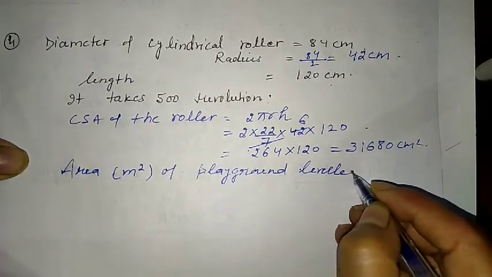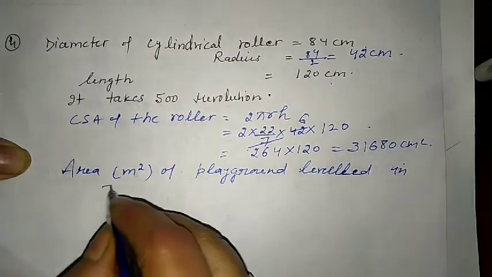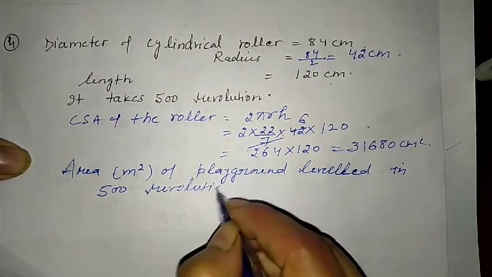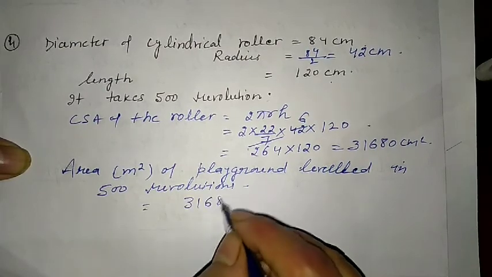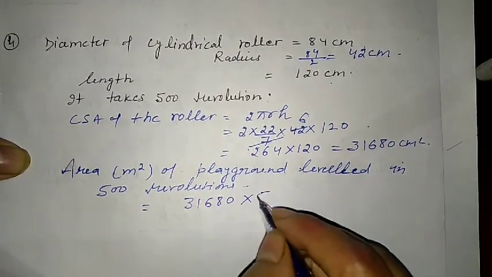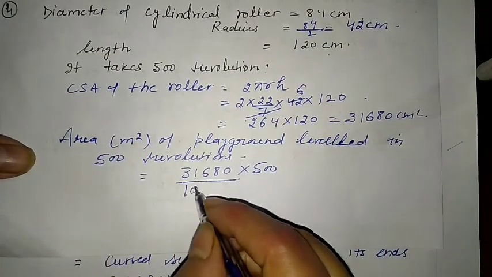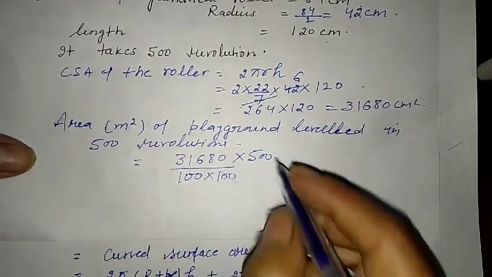Okay, now we have to find the area of the playground leveled in 500 revolutions, that is equal to 31680 multiply 500, because we have to convert this centimeter square into meter square, so divide by 10,000.